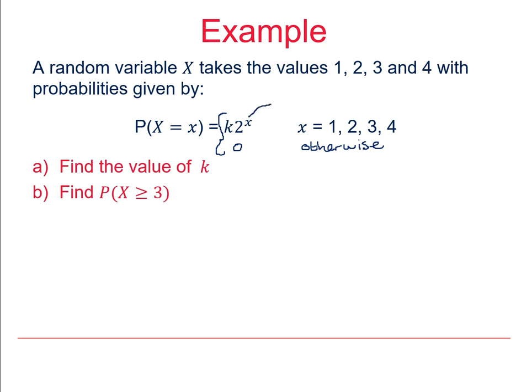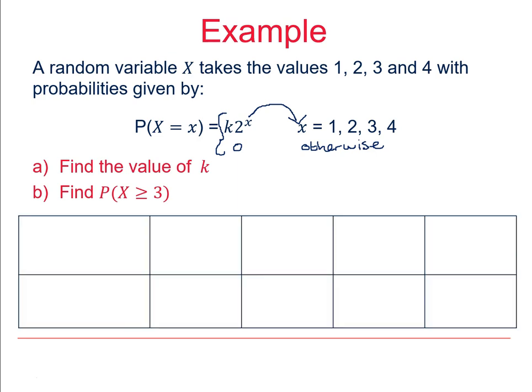So notice it's the power of x that is changing dependent on the outcome we're interested in. And the first thing we've got to do here is to find the value of k. And in order to do that, we need to use the fact that the sum of the probabilities of all the possible outcomes must equal 1.